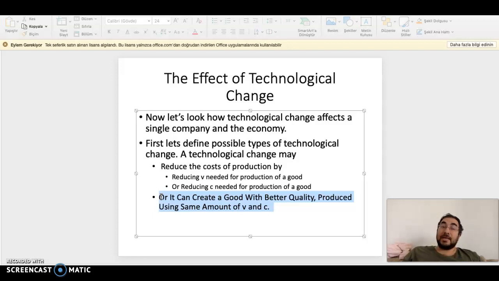So they are very risk averse. They don't want to use new technologies and products that much.